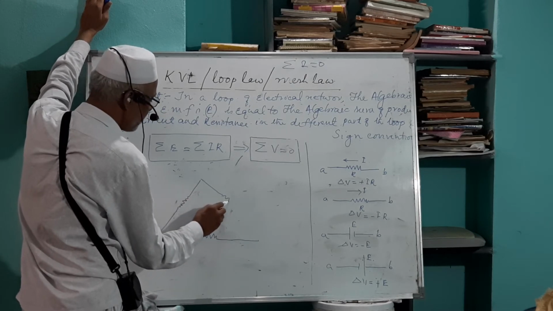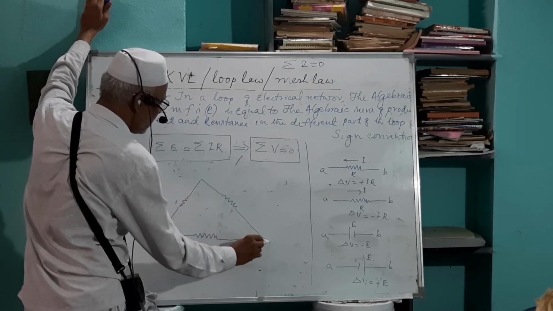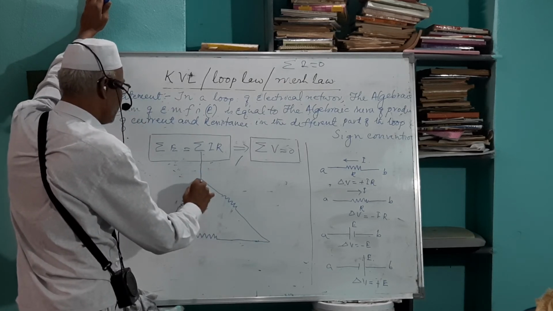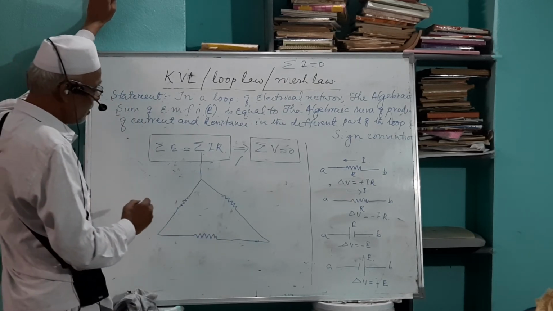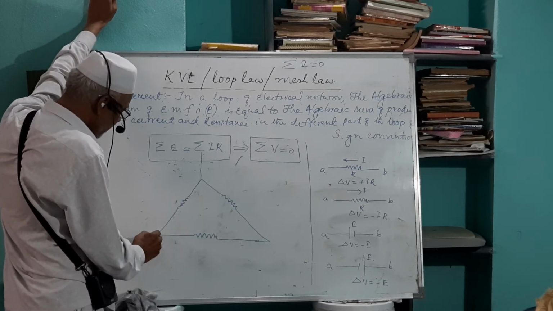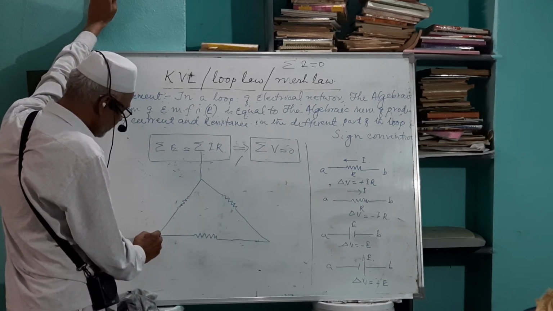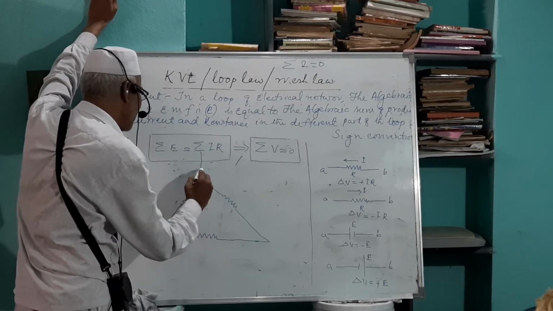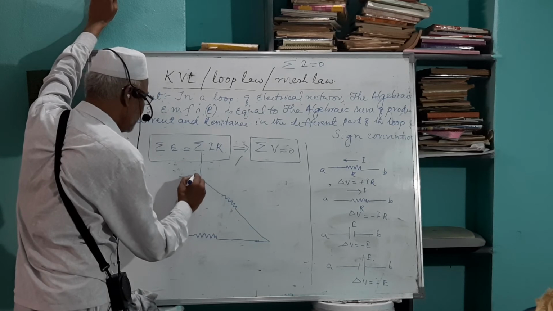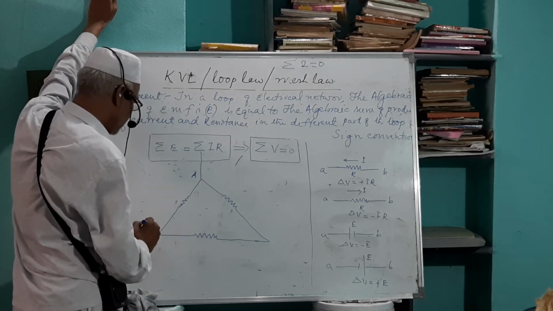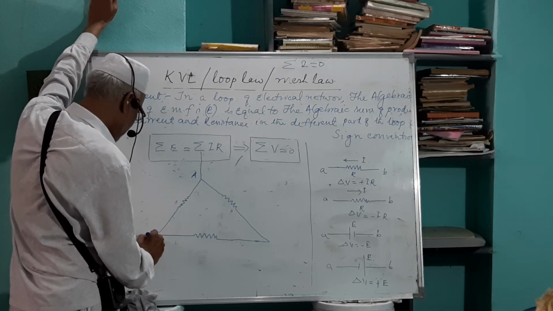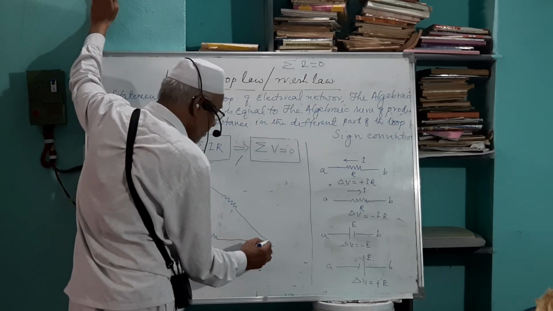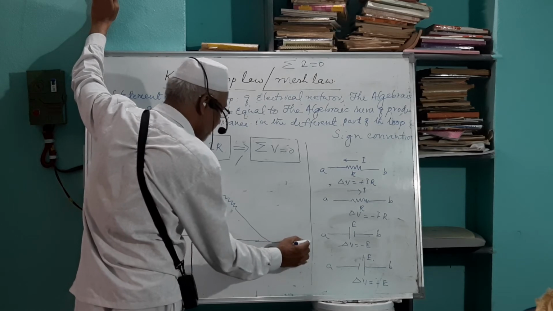See here, there are three branches. You can call this junction A. This is corner B. This is corner C. Instead of calling it a corner, you make it a junction C.